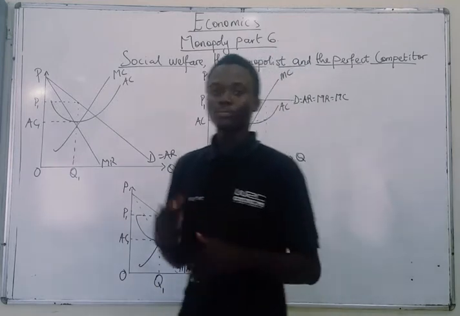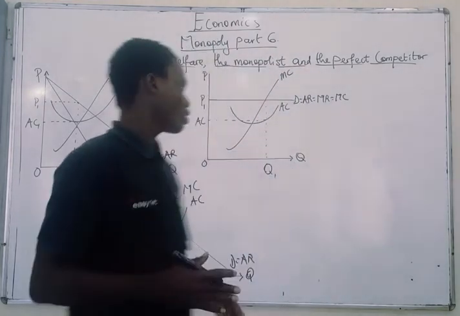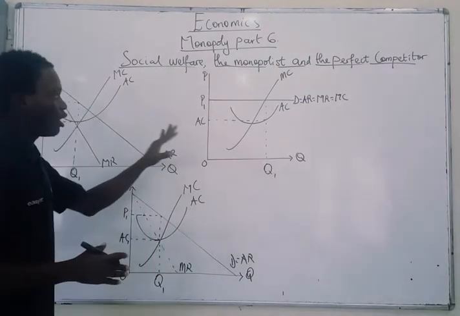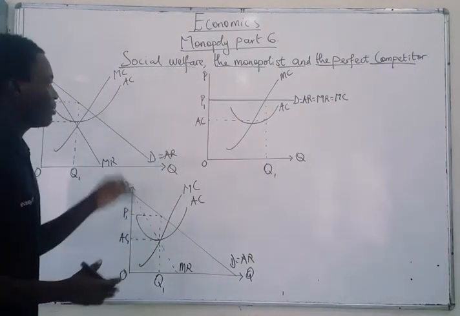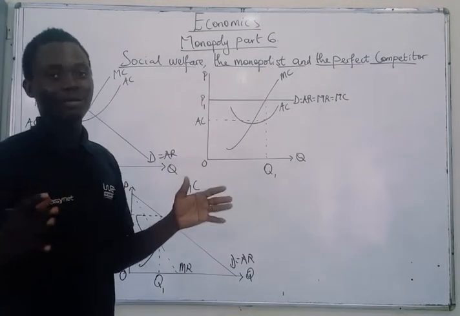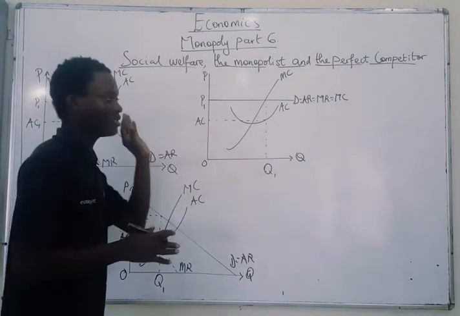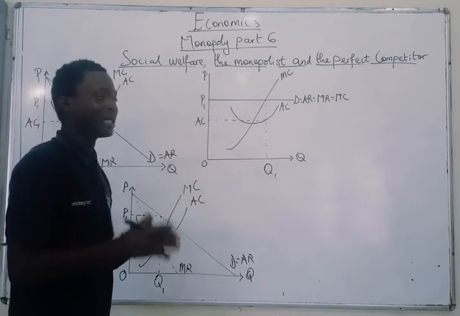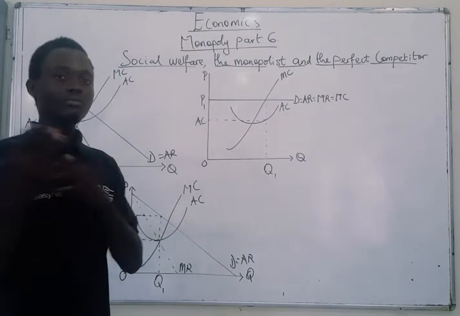Now for a private competitor, from what we've learned so far, it has a demand curve that is perfectly elastic. This is horizontal, it's not downward sloping, and it's also a price taker.